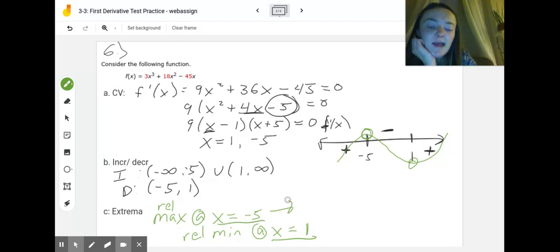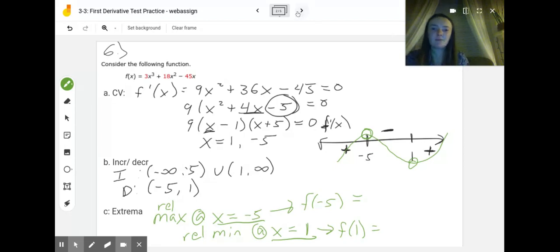If you want to find the actual value of the max, all you're going to do is find out what f of -5 is, and to find the actual lowest value for the min, you'll just say f of 1, and you'll find out whatever that is. All right, let's keep on moving.